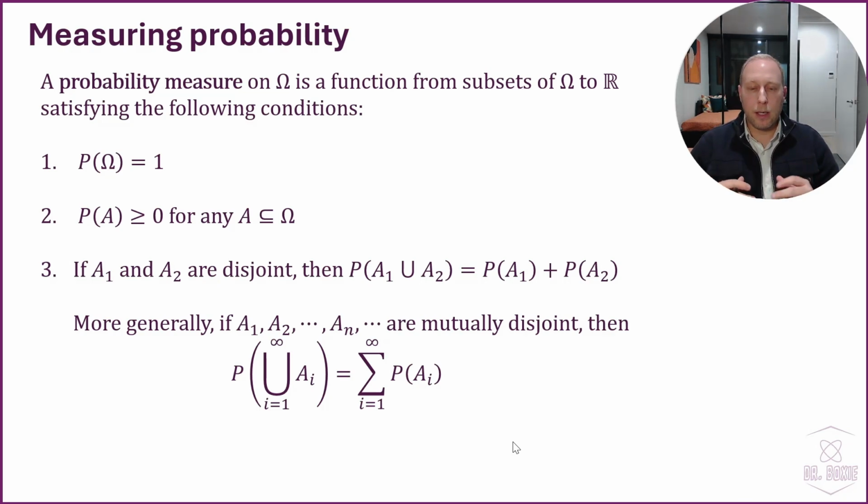Now, in an introductory course on probability theory, usually the measure theory approach is not used, and I will not use it in this course, but I refer you to a future course I will make on measure theory in which we will come back to this definition but do it in a more formal way. This will be the definition of a probability measure in this course, and this is what we will use throughout the rest of this course.